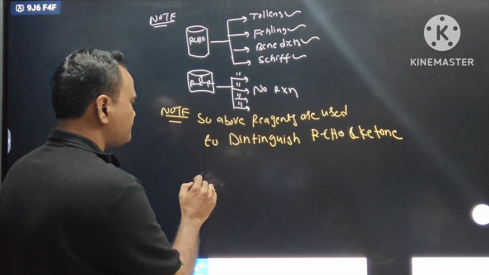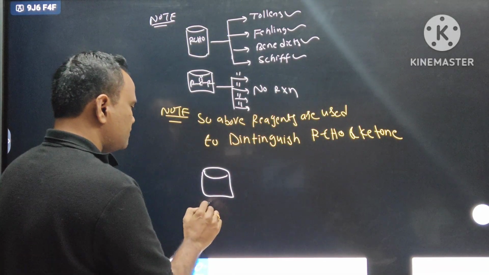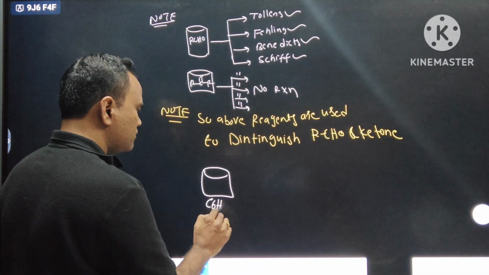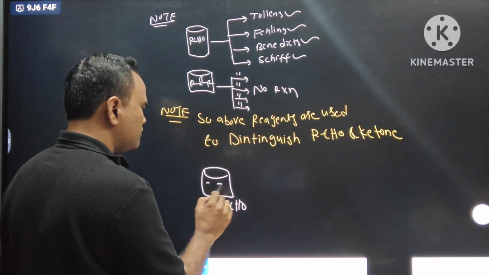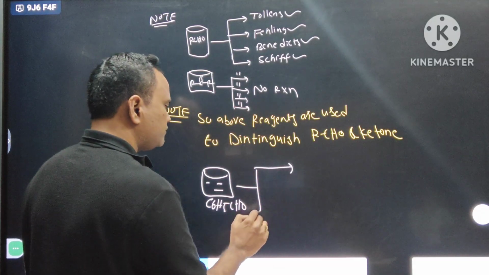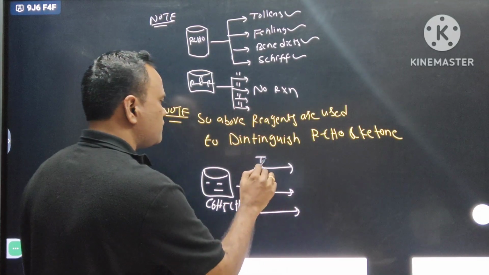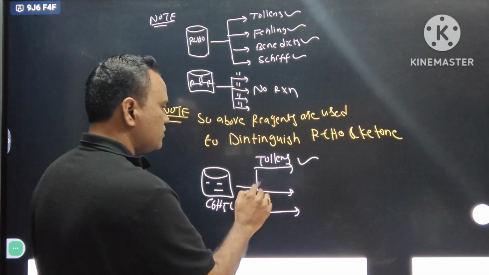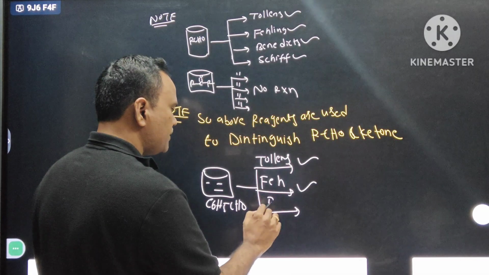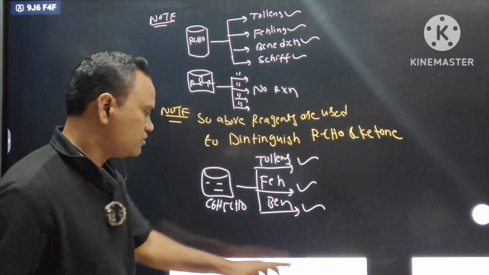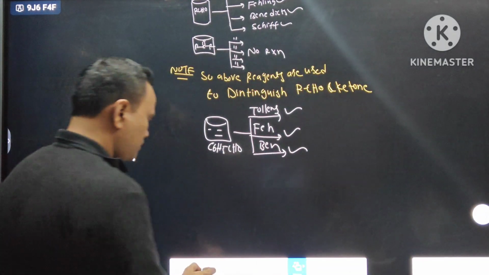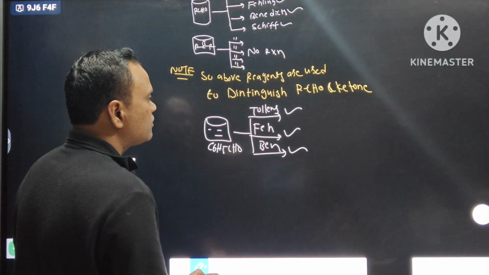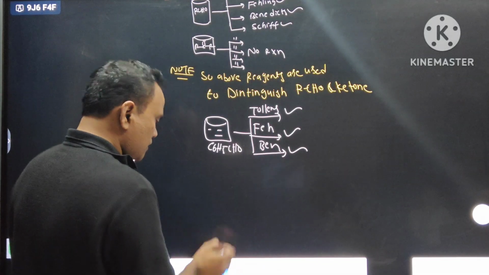Next, see. This is benzaldehyde, C6H5CHO. Tollens, tick mark. Fehling's, tick mark. Benedict's, tick mark. Schiff's also, tick mark. Sorry, here.